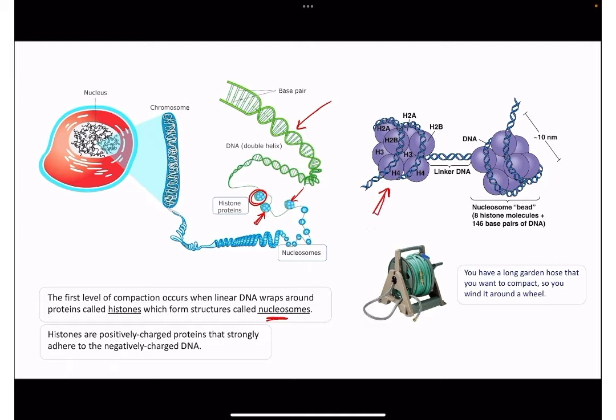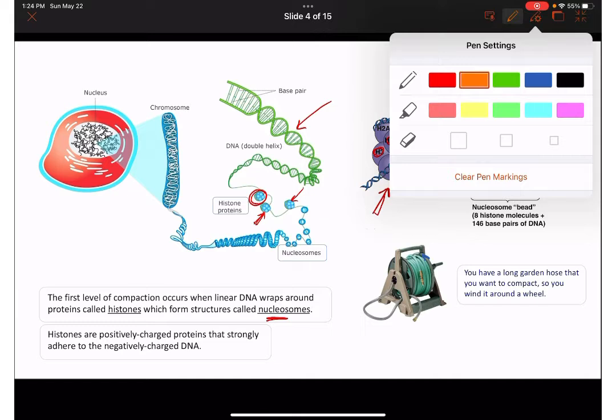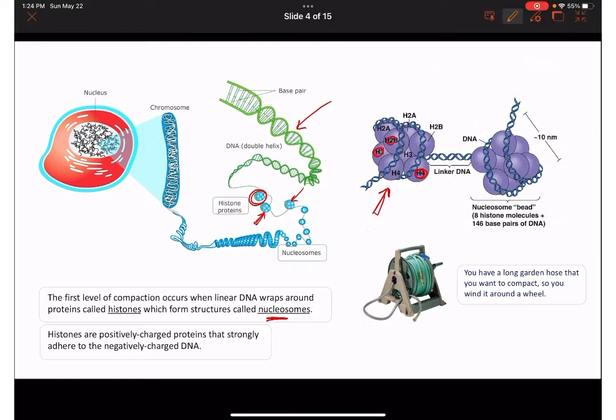So we have this complex of histone proteins, and they all have different names and numbers and whatnot. But as you can see, the linear DNA is wrapping itself around these histone proteins and forming these structures called nucleosomes. So this entire structure here would be called a nucleosome.